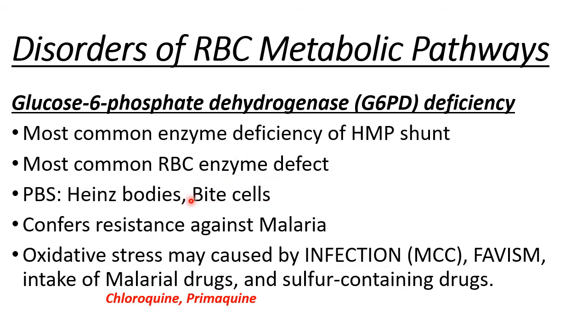So, hindi rin naman laging bad news ang G6PD because it confers resistance against malaria. Remember, your Plasmodium species, mahilig yan sa mga perfect RBC, no? Mga magagandang RBC. Kapag merong ganitong defect ang RBC mo, hindi sila madalas nakaka-infect ng mga ganitong type of RBCs.